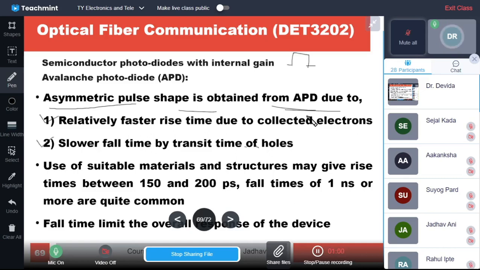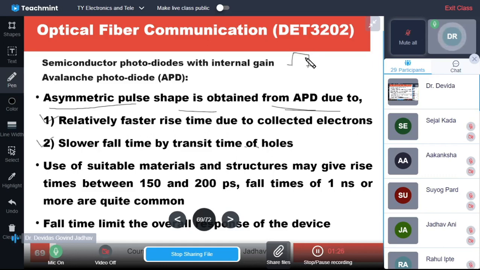In one example we have seen, to cross a 10 micrometer region in silicon, holes require 40 picoseconds and electrons require 8 picoseconds, isn't it? So the electrons are created and collected immediately, but holes require more time to travel, so they come late.